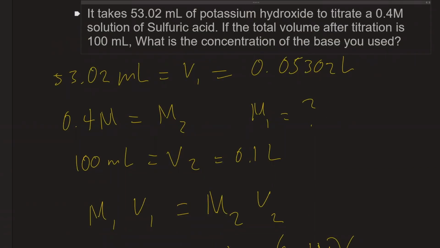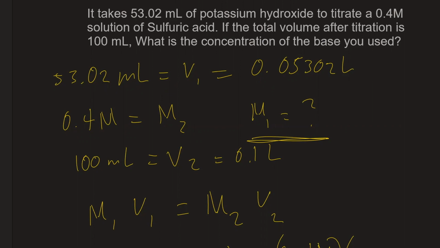Just to quickly go over, we have our volume, which is 53.02 milliliters. V1 is equivalent to 0.05302 liters, 0.4 molarity for M2, 100 milliliters for V2, which I equated to 0.1 liters, and then M1 is our goal. So I have the equation M1V1 equals M2V2.